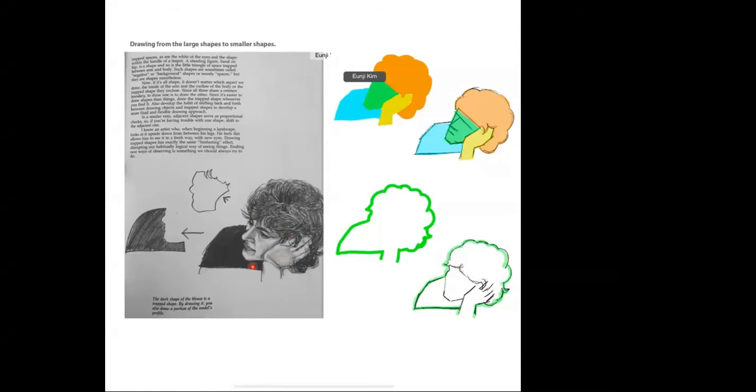You can find some kind of trapezoid, and you can find this blue shape. Here you can find the hair, like this orange shape, and the hand can be a simple shape like this. And then when you find these big shapes, you can draw more details.